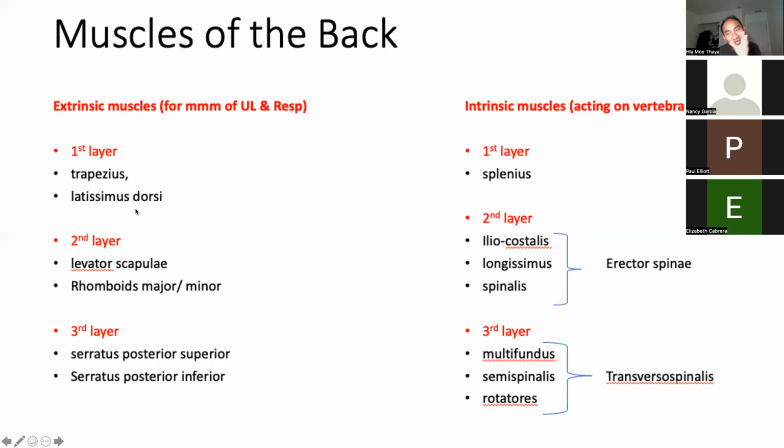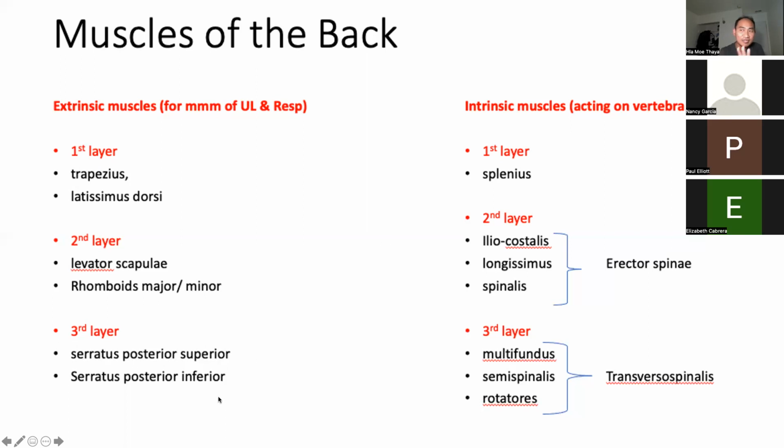And if we dig a little bit more, the second layer will be rhomboid major and rhomboid minor. So rhomboid major is deep to the trapezius, and trapezius and latissimus dorsi are superficial to the rhomboid muscle, because these are in layer 1, and these are in layer 2. Finally, layer 3 is serratus posterior superior and serratus posterior inferior.